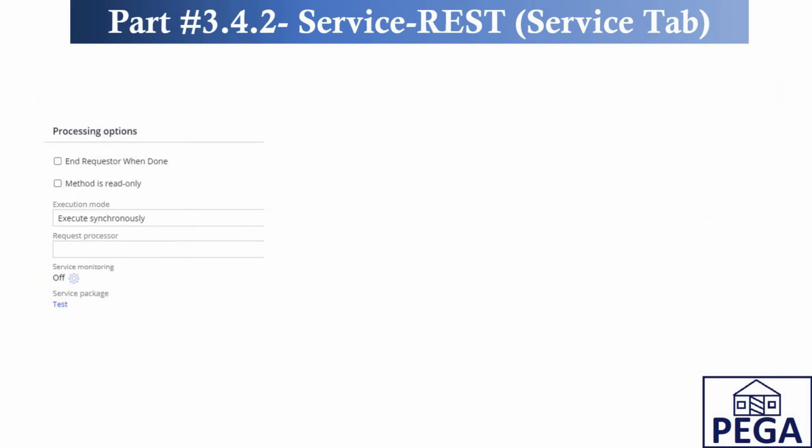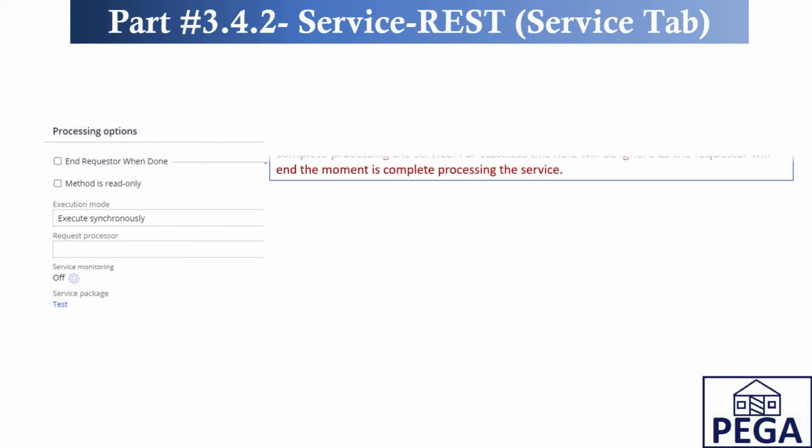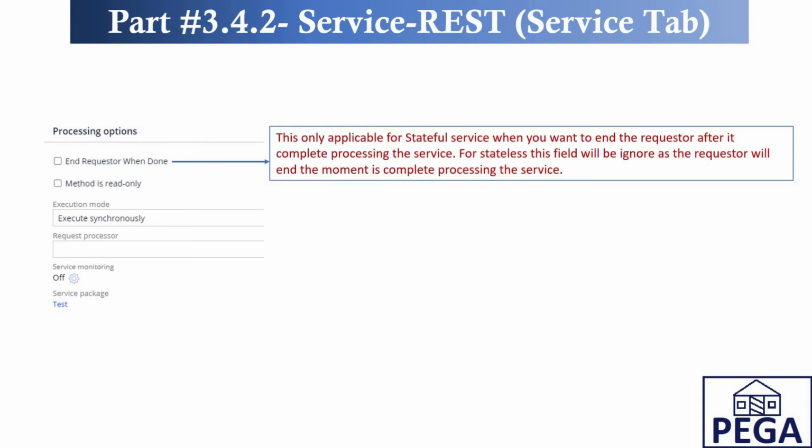Now moving to the next, processing mode, right? There are certain options that you can see. Let's quickly dive deeper into what these options are. Now, end requester when done. So what does it mean? As you know, I've already explained, whenever a service request comes to Pega, it assigns a requester. Now here we are telling end requester when done.